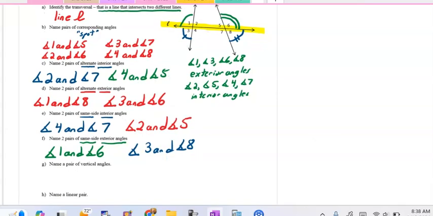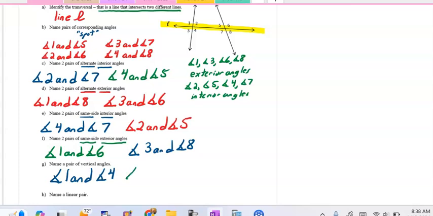Now we already studied vertical angles and linear pairs, and there are a lot of answers here. Let me just erase some of these marks. A pair of vertical angles could be angle 1 and angle 4, and remember those are congruent.